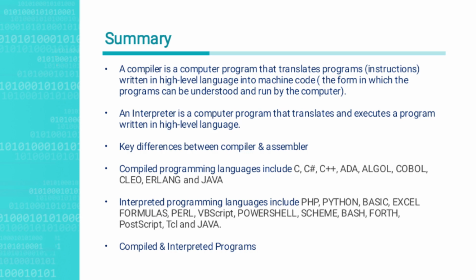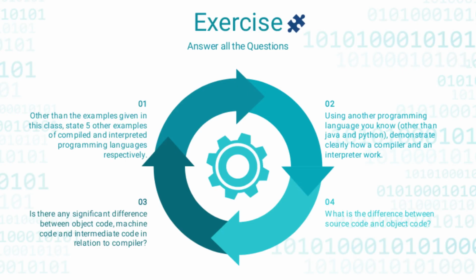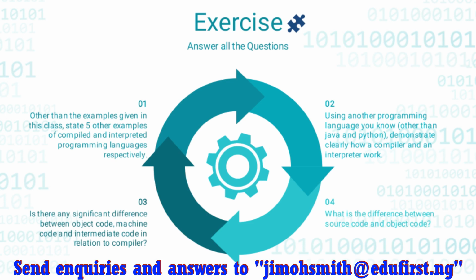Now, at this point, we're going to do some exercise. In this exercise, you are expected to answer all the questions. The first question is, other than the examples given in the class, state 5 other examples of compiled and interpreted programming languages, respectively.